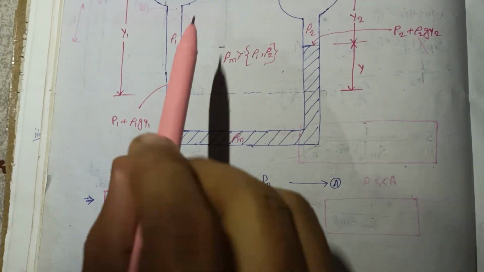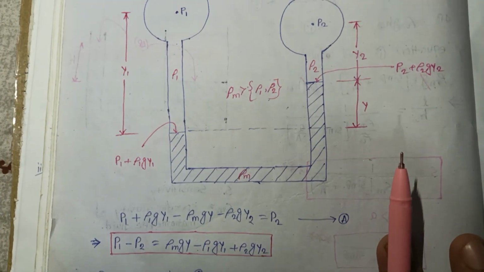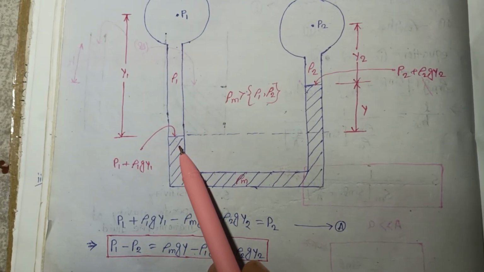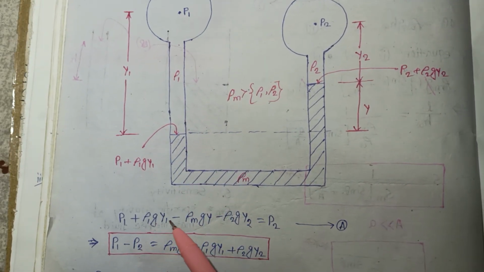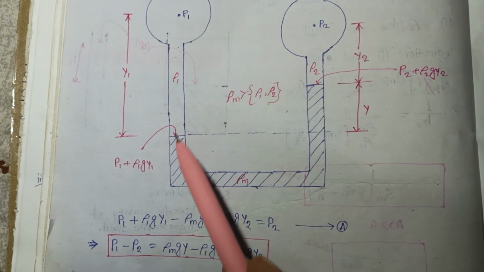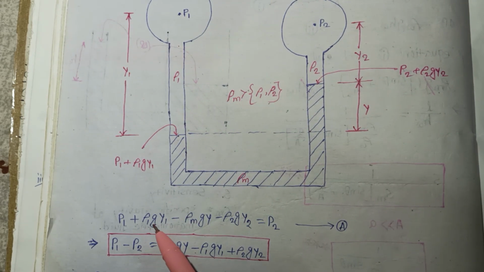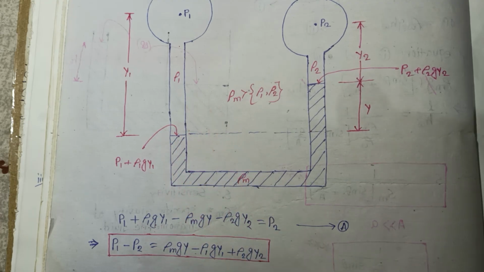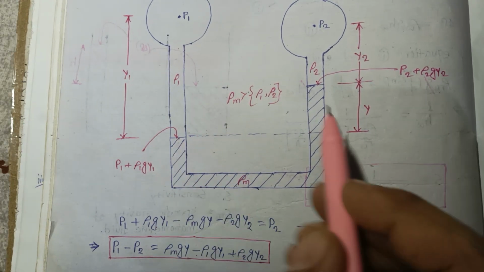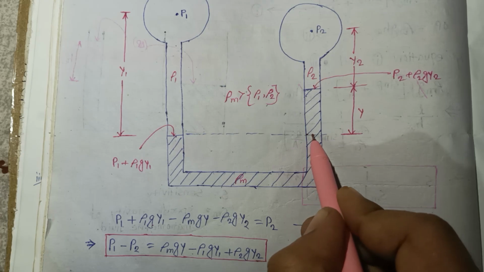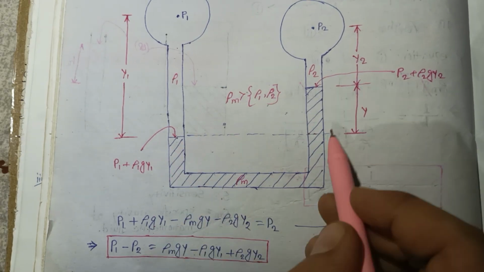Here the pressure is P. Going downside, this will be positive, so plus rho 1 g y1, because the distance from here to here is y1. Here and here the pressure will be the same, so you go directly from here to here.